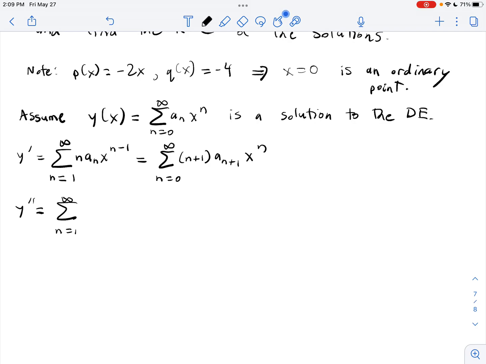And this becomes n times n plus 1, a n plus 1, x to the n minus 1, which we then re-index to give us n equals 0. This becomes n plus 1 times n plus 2, a n plus 2, x to the n.